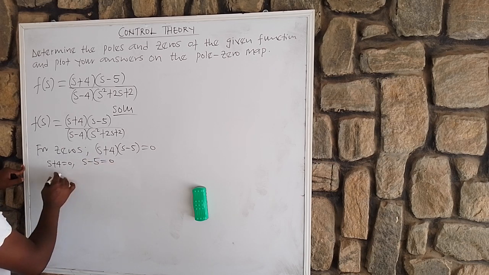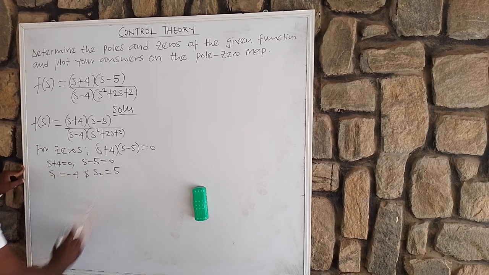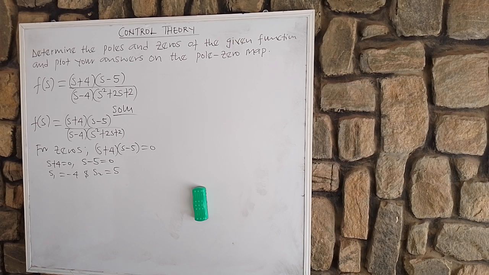So our s1 is equal to minus 4, and s2 is equal to plus 5. True or false? We call these simple zeros, because there are no repeated roots.